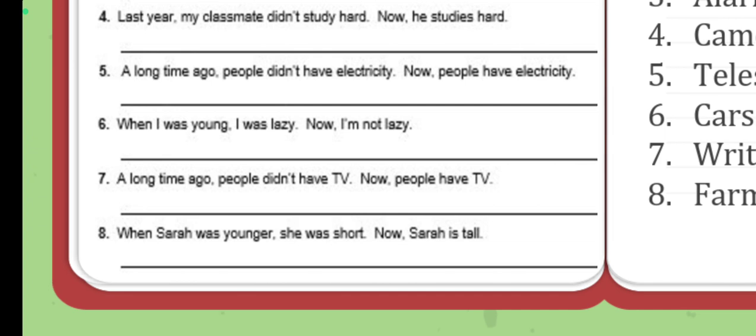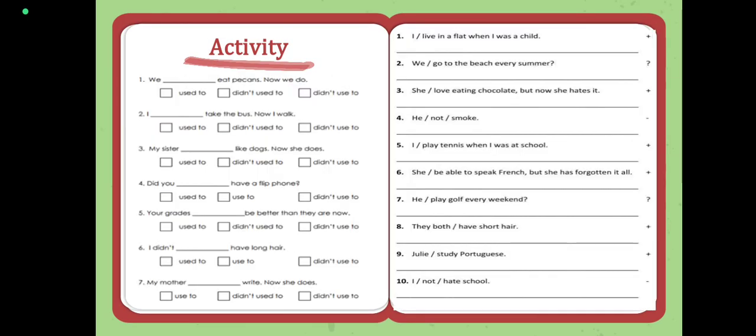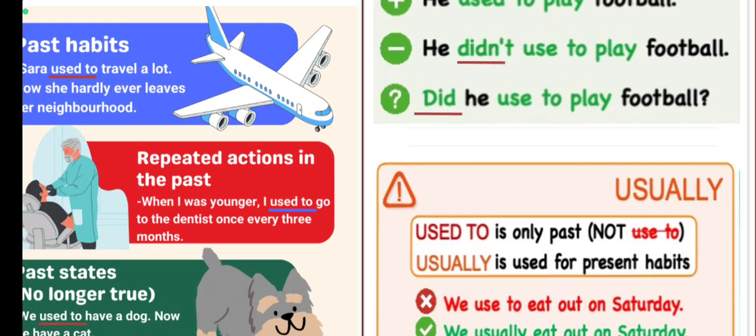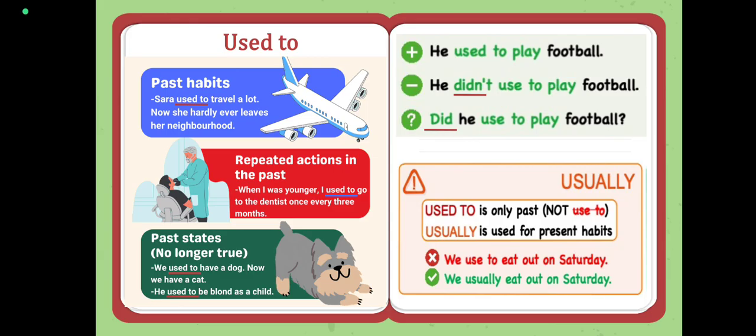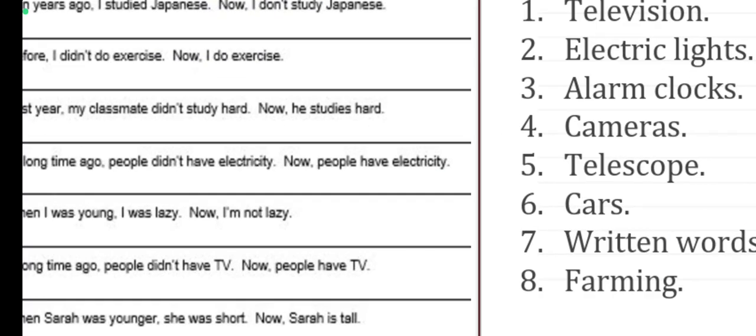O sea, si aquí estuviera, por ejemplo, wasn't. Pero como es was, afirmativo, entonces no vamos a utilizar la estructura del didn't. Vamos a utilizar la estructura afirmativa. Okay.